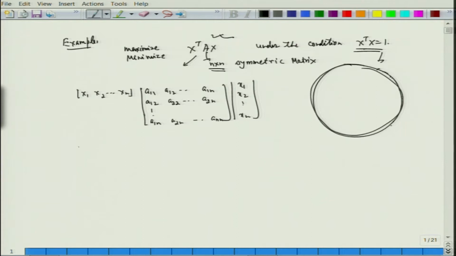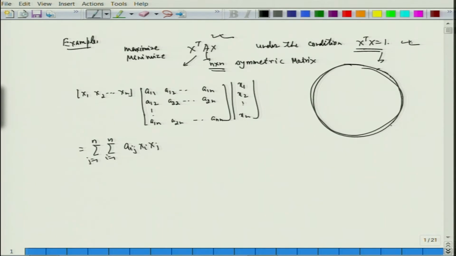So this will turn out to be equal to the summation of aij xi xj, i going from 1 to n, j going from 1 to n. This is what it is going to look like, and we will need the condition that we have.